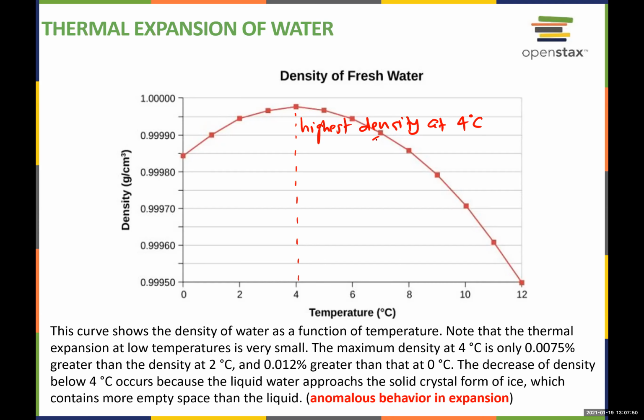Highest density means what? Density means mass per unit volume. So mass will not change. If this is maximum, then volume will be minimum. So at this temperature, it has the lowest possible volume.